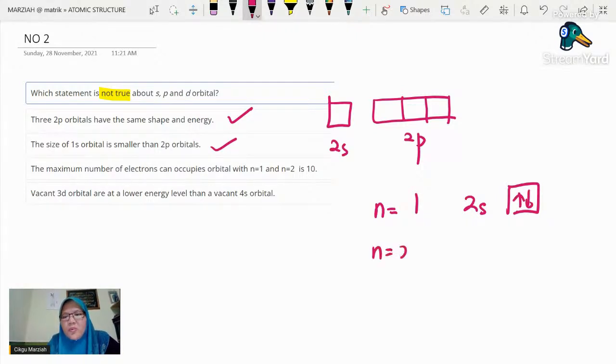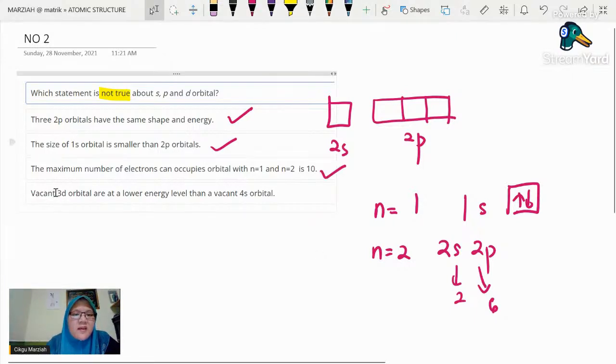When n equal to 2, we have 2s and 2p. So total, ini ada 2 elektron, ini ada 6 elektron. 6, 7, 8, 9, 10. So correct.